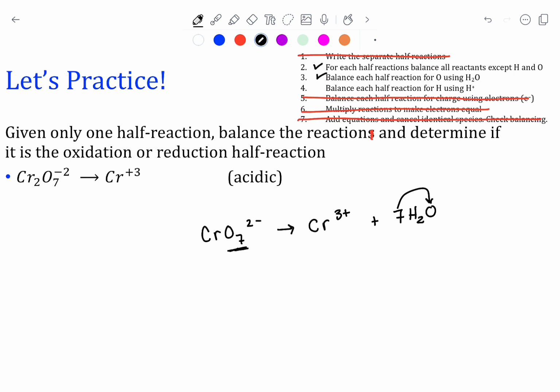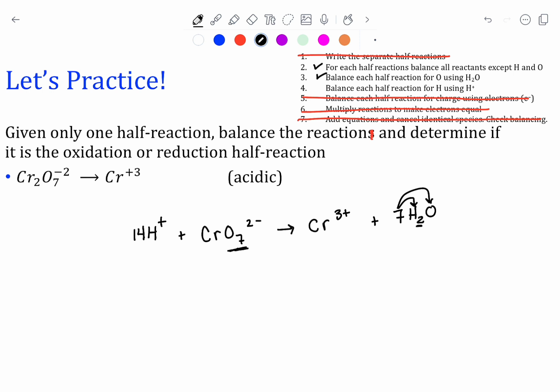Next, we want to balance the half reaction for hydrogen using H+. Well, when I added my 7 waters, I also introduced 14 hydrogens, right? There's 2 hydrogens in each water molecule. If I add 7 water molecules, that's 14 hydrogens. So I have to balance my 14 hydrogens on my product side by adding 14 H+ to my reactant side.